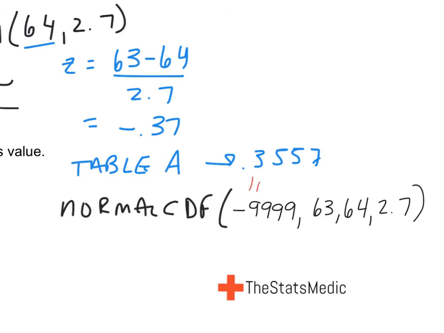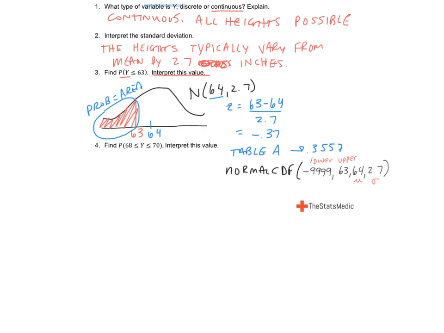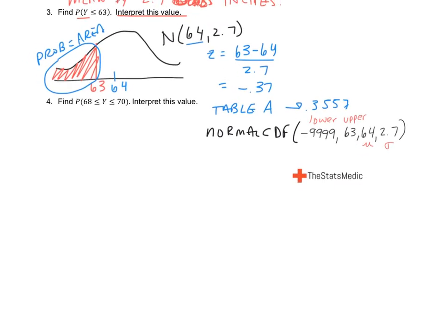So you'd say lower, upper. You have to say this is your mean, this is your standard deviation, and then you could find that on your calculator, which would work. That's fine. You just have to make sure that you label it, and then you get a very, very precise answer.